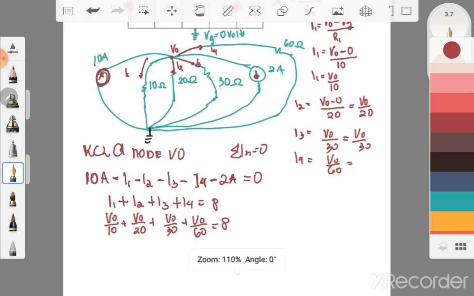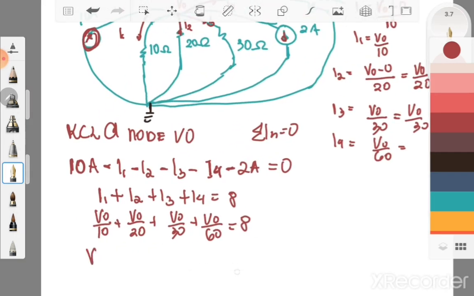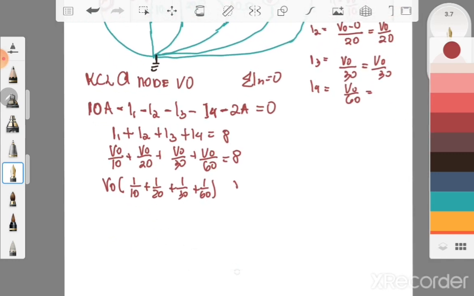So solving for our VO, we have VO multiplied by 1 over 10 plus 1 over 20 plus 1 over 30 plus 1 over 60 is equal to 8. Solving for VO, my VO is equal to 8 divided by 1 over 10 plus 1 over 20 plus 1 over 30 plus 1 over 60.